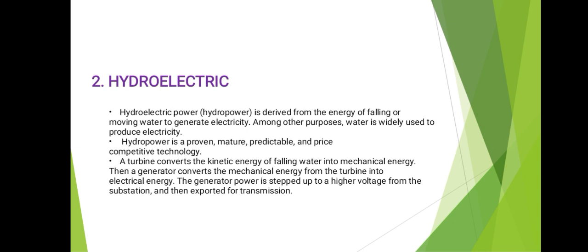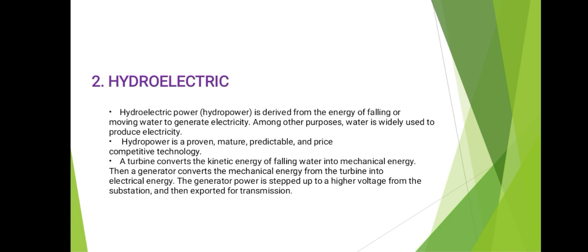So the second one is hydroelectric. Hydroelectric power or hydropower is derived from the energy of falling or moving water to generate electricity. Among other purposes, water is widely used to produce electricity. Hydropower is a proven, mature, predictable, and price-competitive technology.